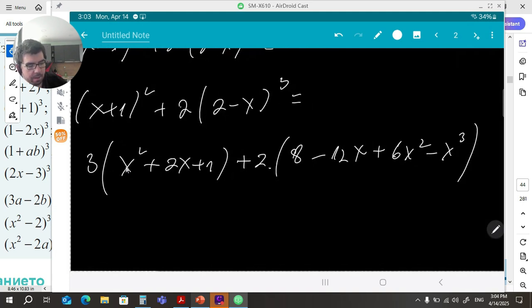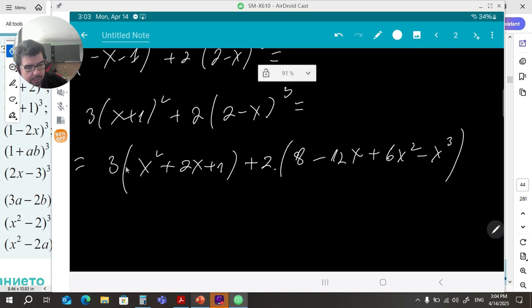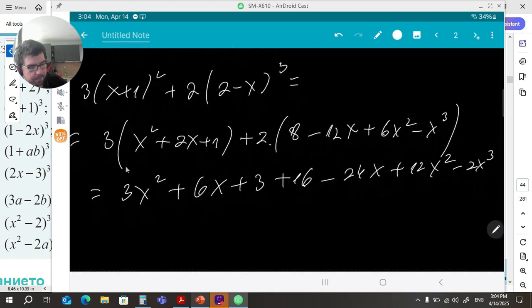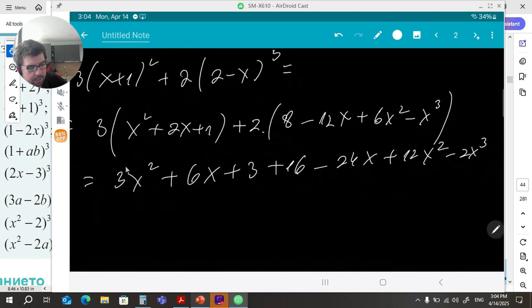Okay, and now I remove the brackets. I get 3x squared plus 6x plus 3 plus 16 minus 24x plus 12x squared minus 2x to the power of 3.